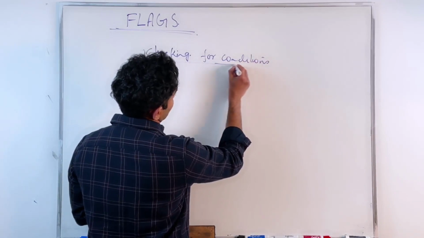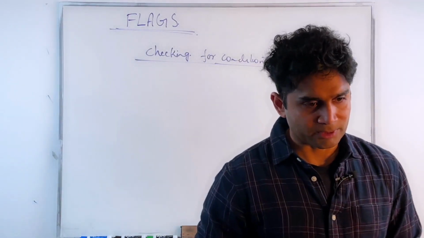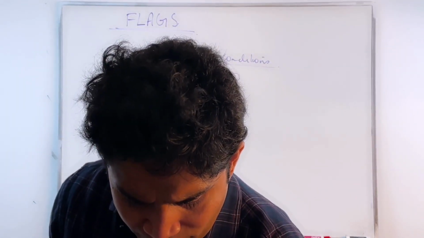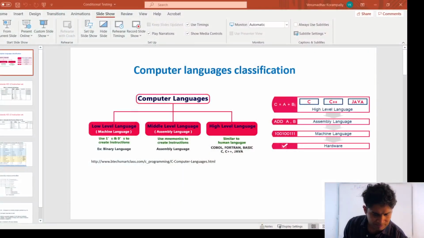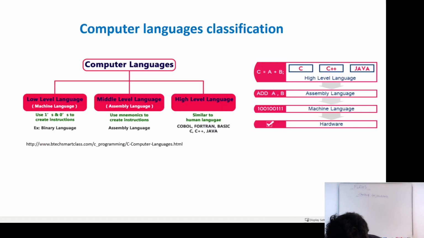Right. So when you write the program, what is happening at the corresponding hardware level? What I would like to show you now is the classification of the computing languages. In your 356 class, most likely you'll be introduced to the concept of assembly language.